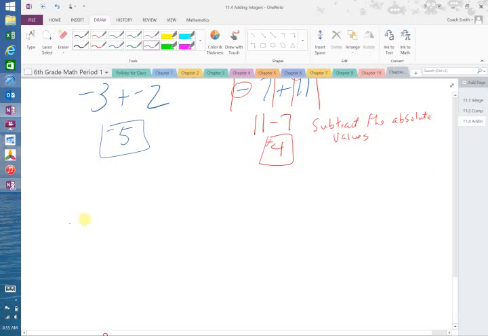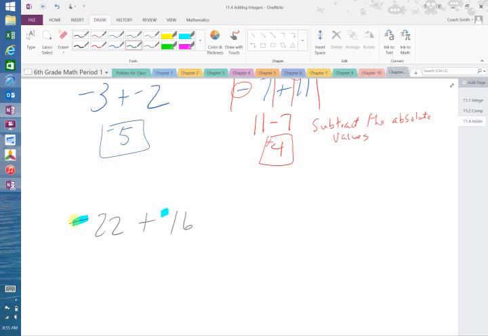So what if I have this? -22 plus 16. First thing you must identify is what do I have in the problem? Do I have 2 positives? Do I have 2 negatives? If I do, I do the same thing: add the 2 numbers together, keep the sign. I have a positive and a negative in this problem. Here's your negative, here's your positive.